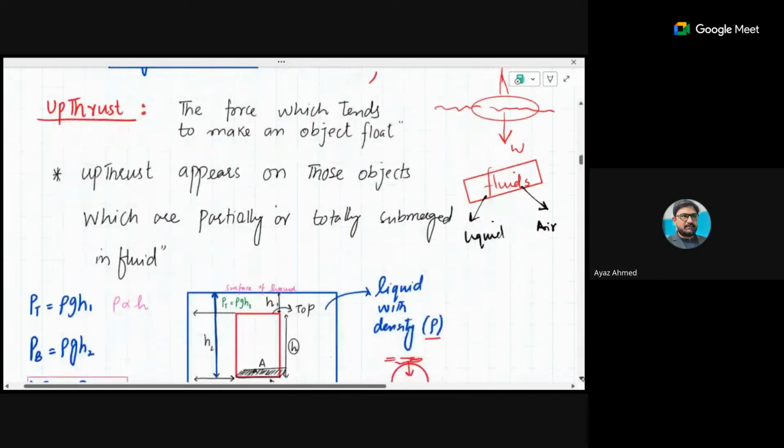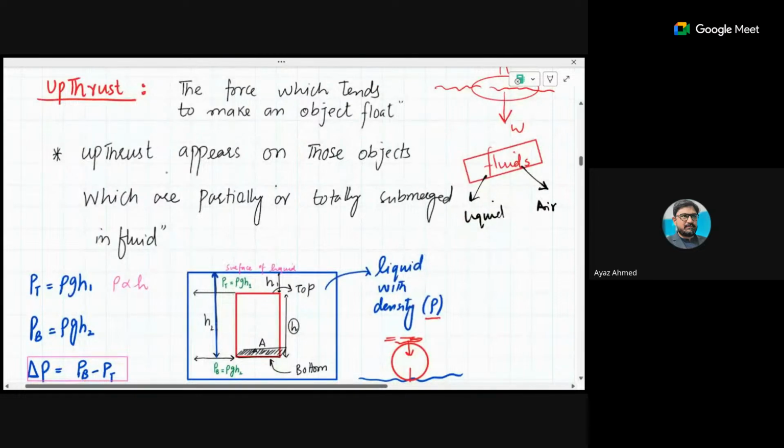Upthrust is the force that appears on objects which are partially or totally submerged. If an object is partially or totally submerged in a liquid, then you will have an upthrust acting on it, right?